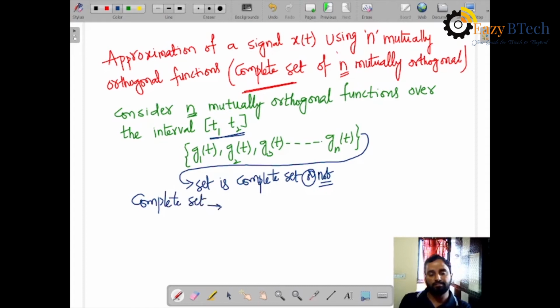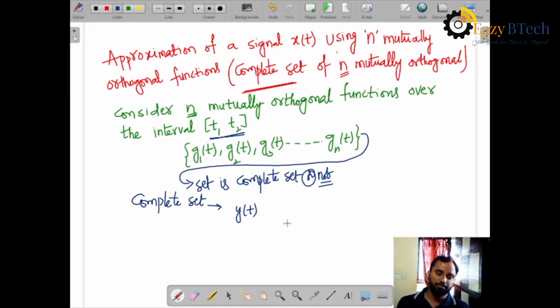Suppose you take another signal or function like y of t, an outside signal, not in the set. This y of t is outside, not in this set g1, g2, g3, gn. So this is any function or outside signal y of t.